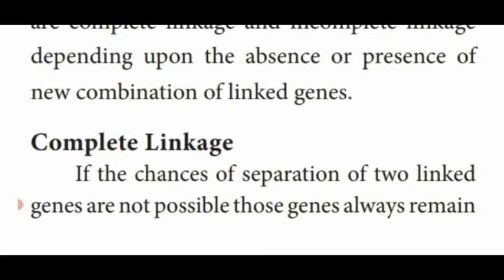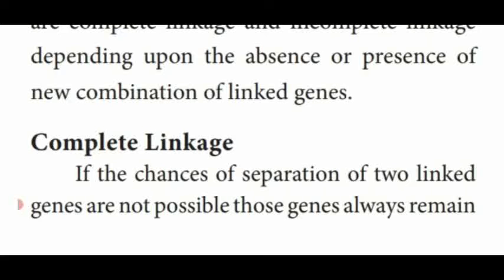Those genes always remain together. As a result, only parental combinations are observed. These linked genes are located very close together on the same chromosome. Such genes do not exhibit crossing over. This phenomenon is called complete linkage.